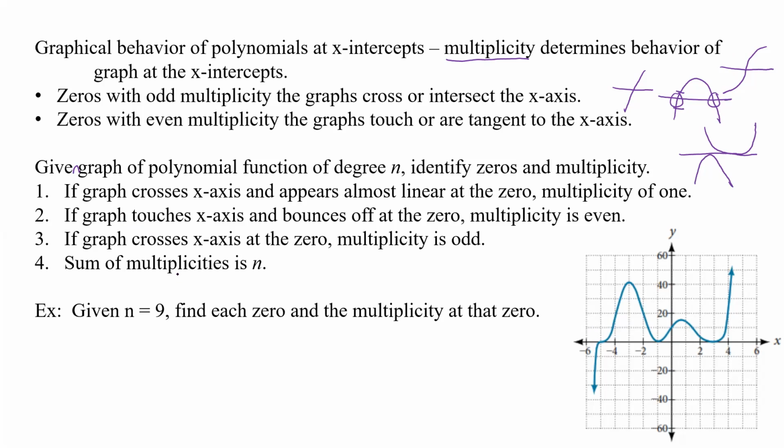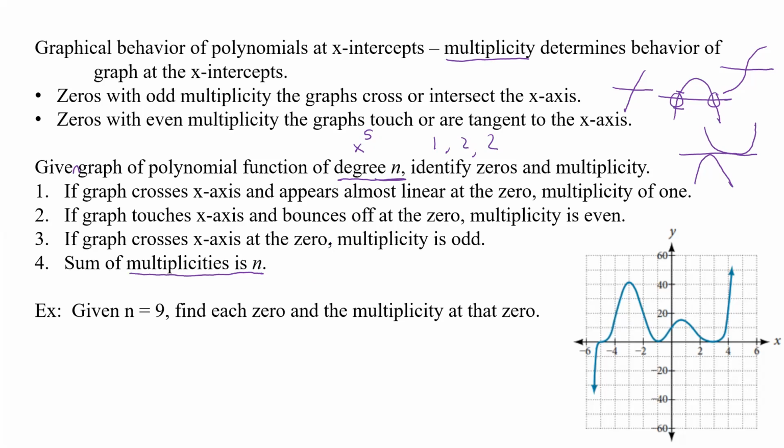And then the nice thing is the sum of all your multiplicities is equal to n. So if we take all these and add them together, we get n, which is the function's degree. So if we have an x to the 5th, then a multiplicity of 1, a multiplicity of 2, and a multiplicity of 2, 2 plus 2 plus 1 is equal to that 5.